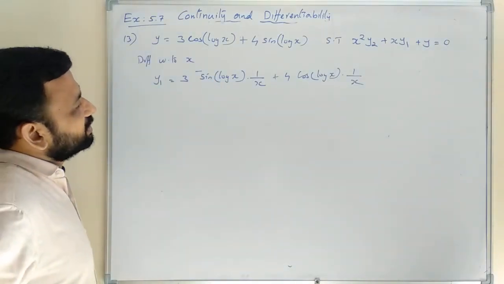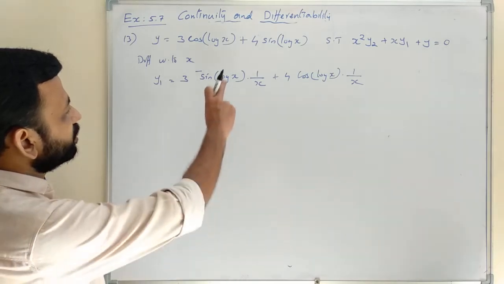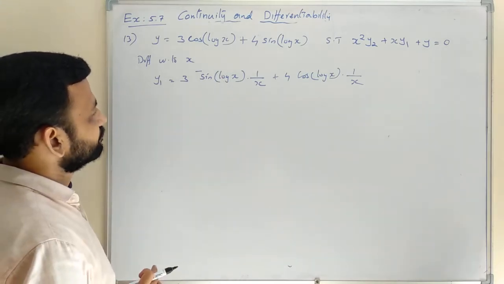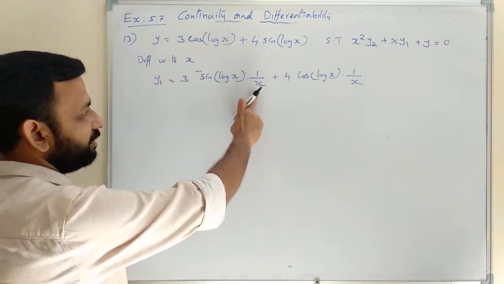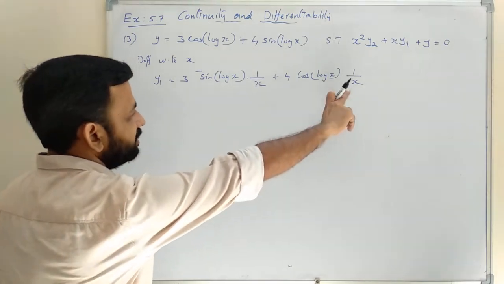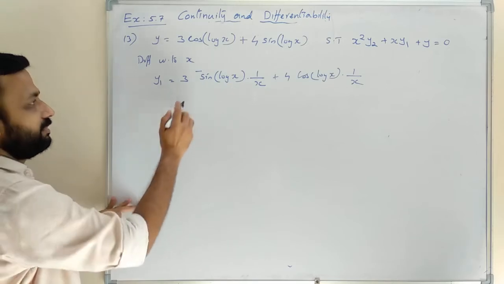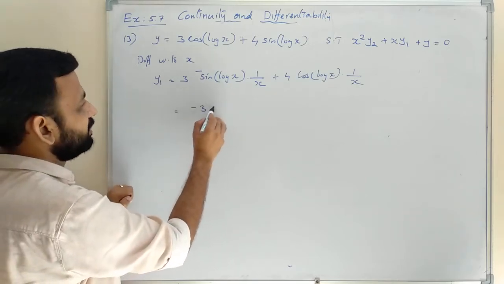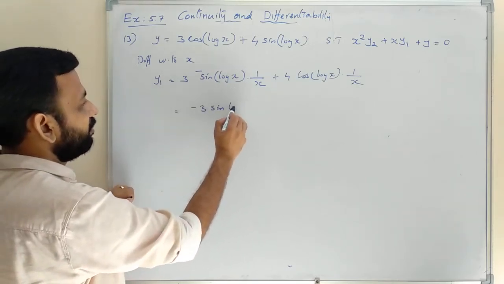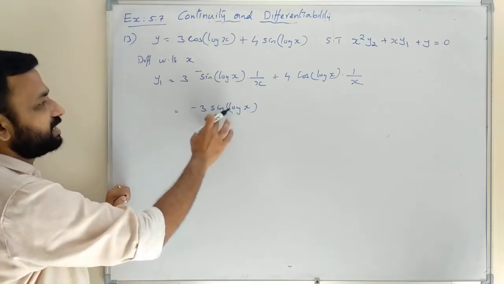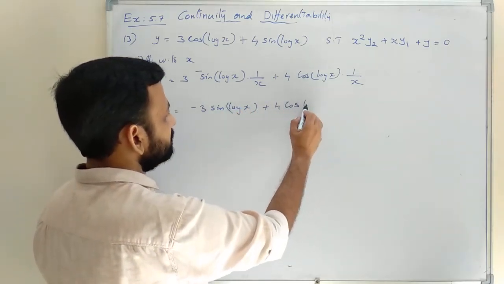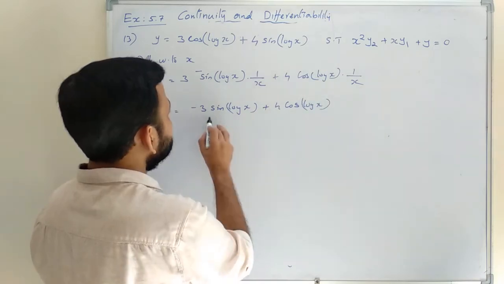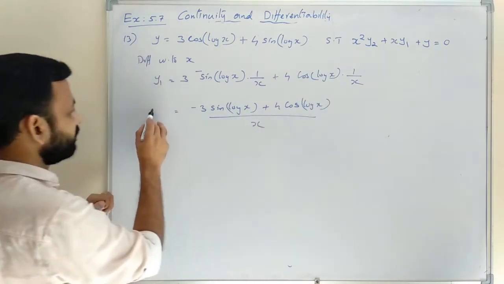And one more method is there. So we can cross multiply here. So here we have common denominator x. So LCM we will write, minus 3 sine log x plus 4 cos log x divided by x, that is y1.